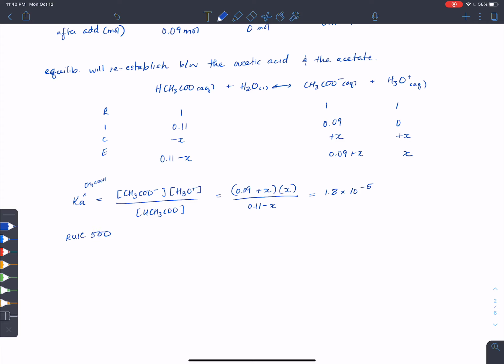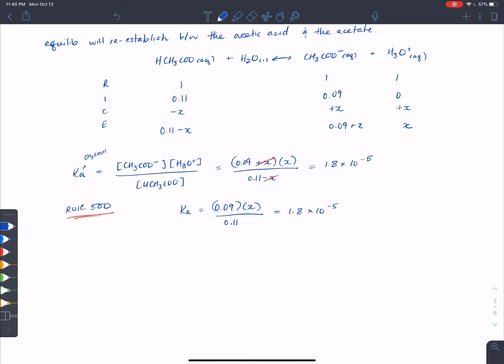Based on this rule of 500, we can say that this is negligible and this is negligible. And if that's the case, we can create a new equation for our ionization constant of 0.09 times x over 0.11, and that equals 1.8 times 10 to the power of negative 5.